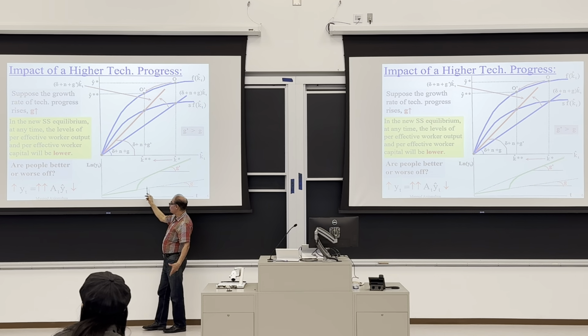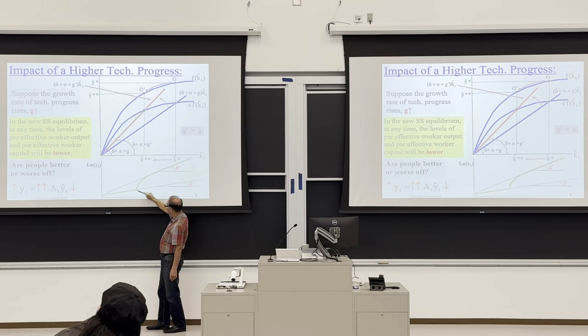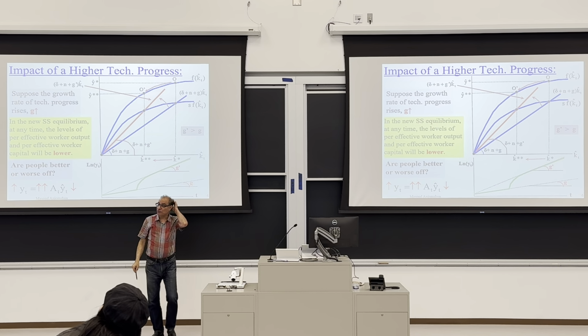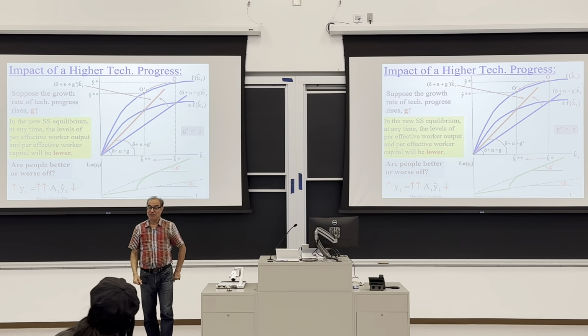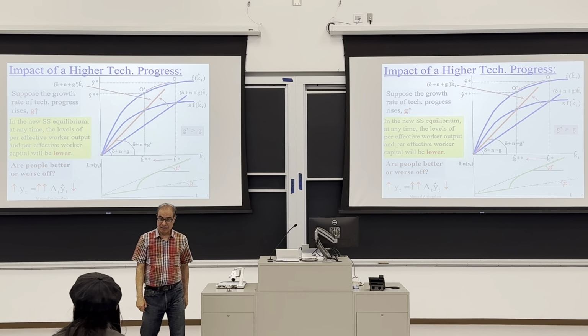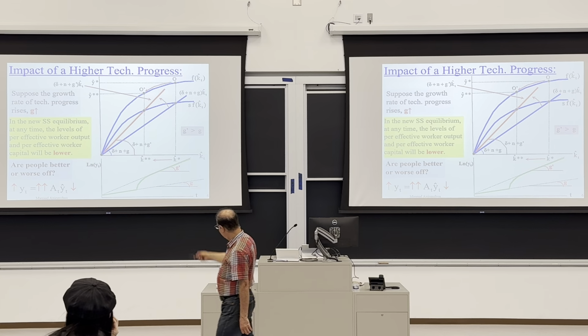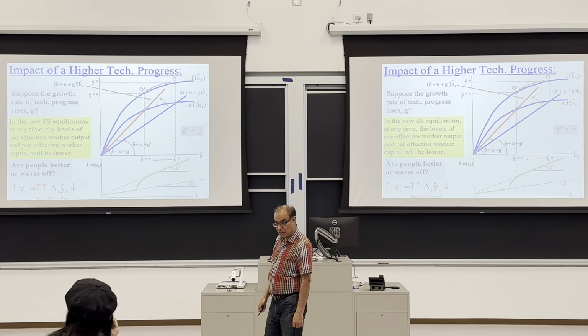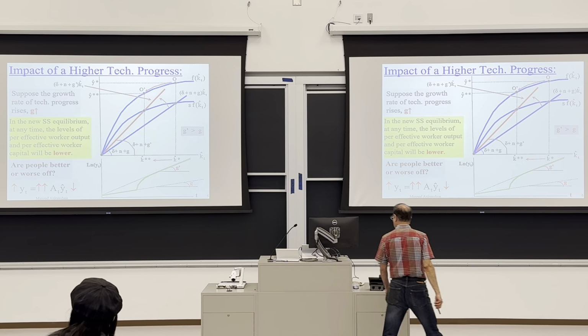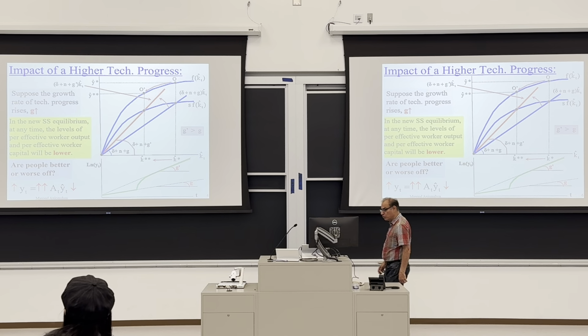But when the growth rate of technology becomes G prime, that is it, the economy is moving to a faster track. Can you see here? So fast track, can you see that? So as you can see here, people are definitely better off at any point in time.